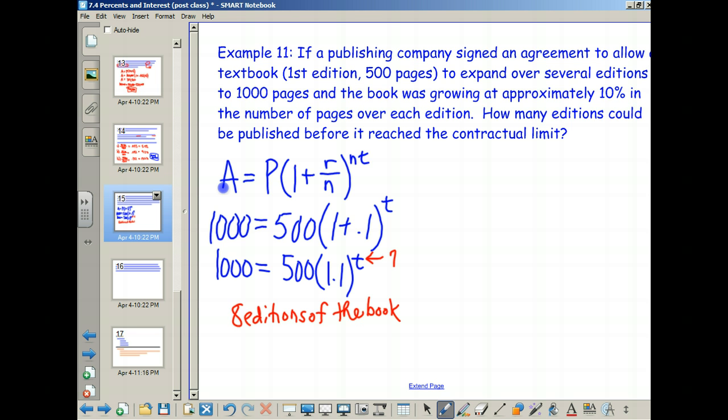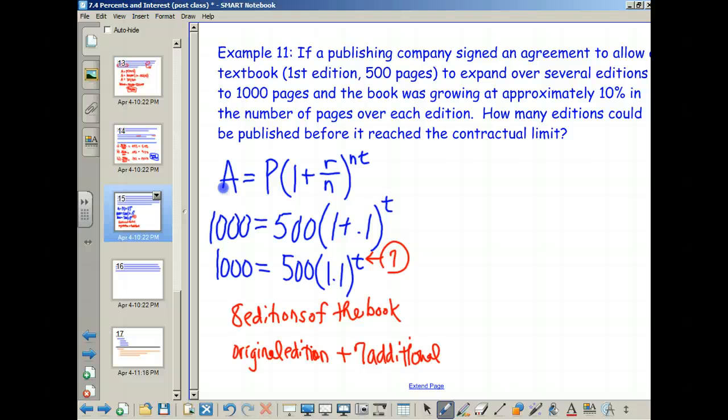And the reason it's 8 is because I have the original edition plus 7 additional ones. That's what the 7 is doing. 7 is telling me how many times I get to additionally read this book. So I can have 8 editions of the book.